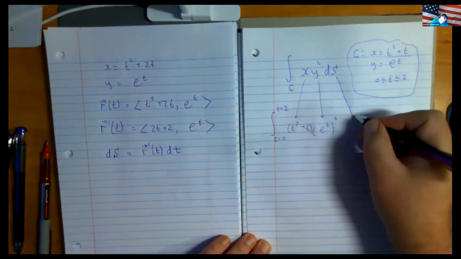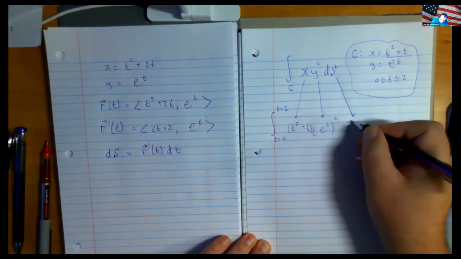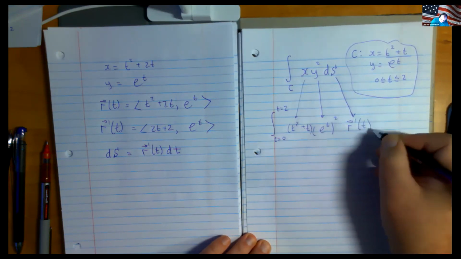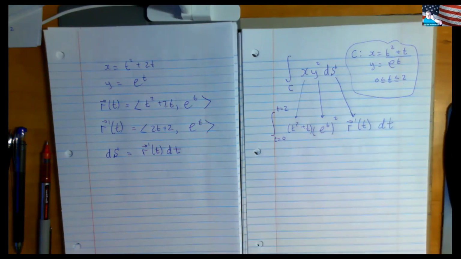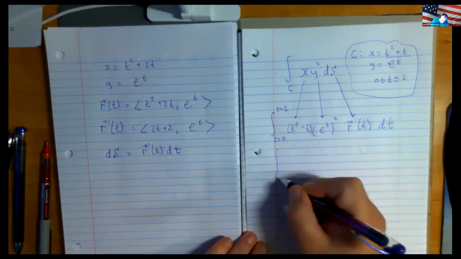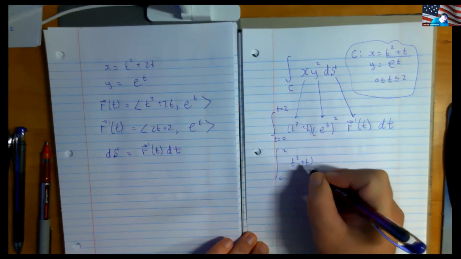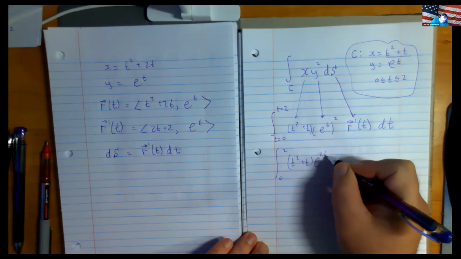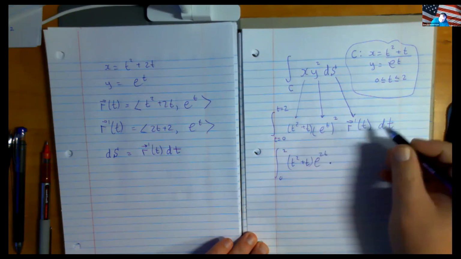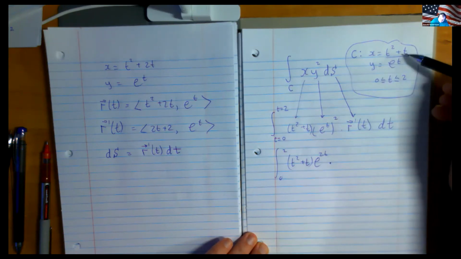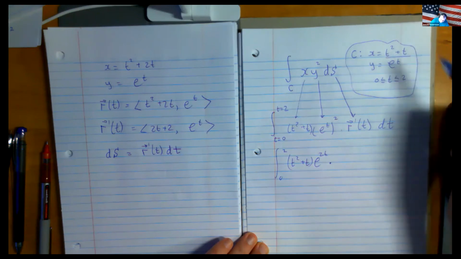And the ds is going to get replaced by r dash t dt. So far, so good. So it's going to be the integral from 0 to 2 of t squared plus t, e to the 2t, times, well, if you do a derivative of this guy, isn't it 2t plus 1?